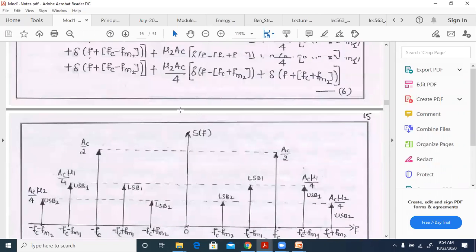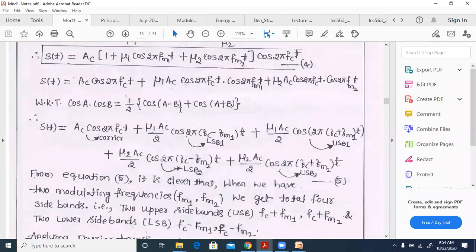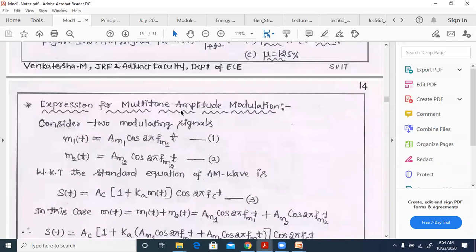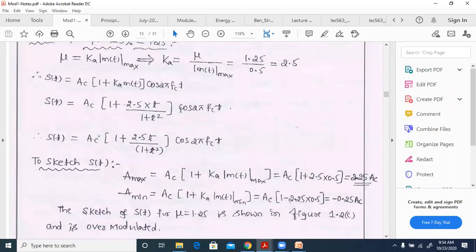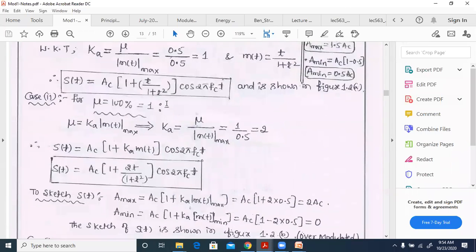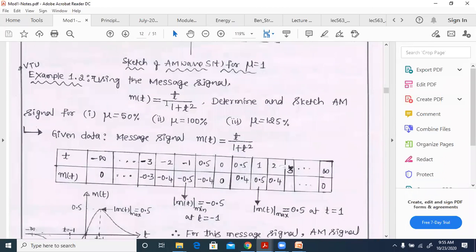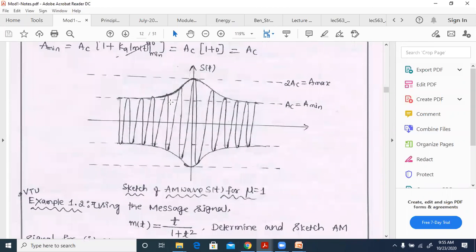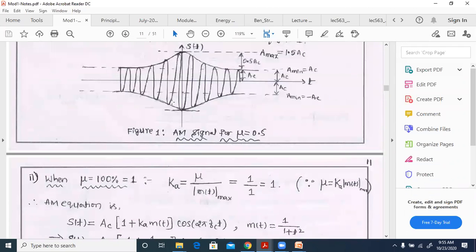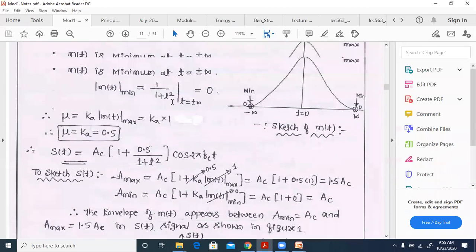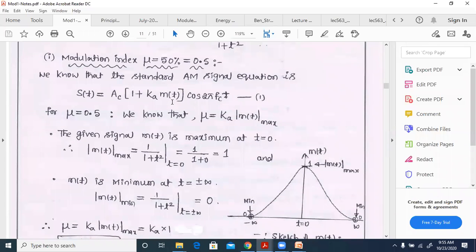This is multi-tone. Why is it going directly for multi-tone? In the slides, we might have used single tone, right? For single tone, mt will be equal to Am cos of 2 pi fmt.